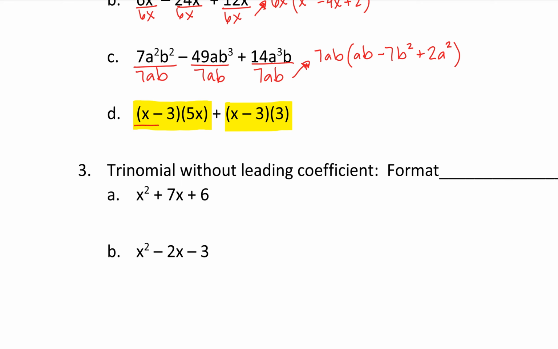So I know I'm going to pull out the x minus 3 that they both have in common and move it to the front. The 5x and 3 that are left over join their own parentheses, so you get 5x plus 3, and that is your final factor.